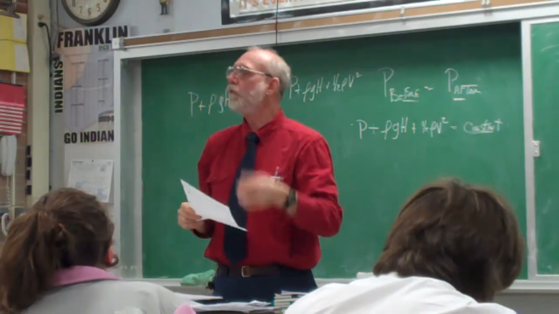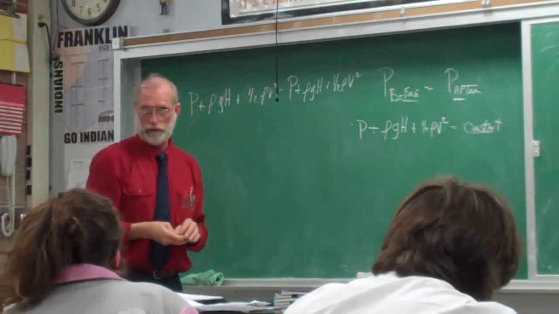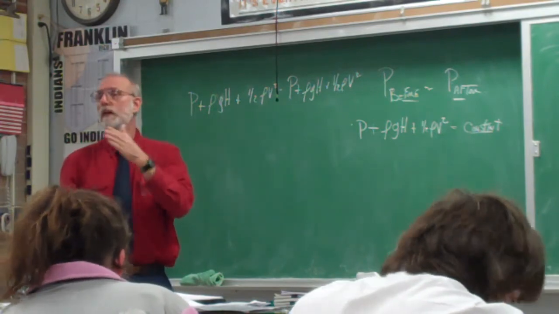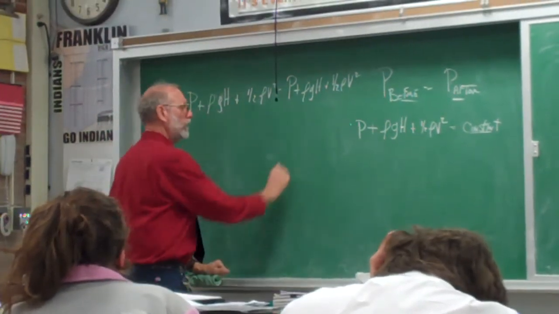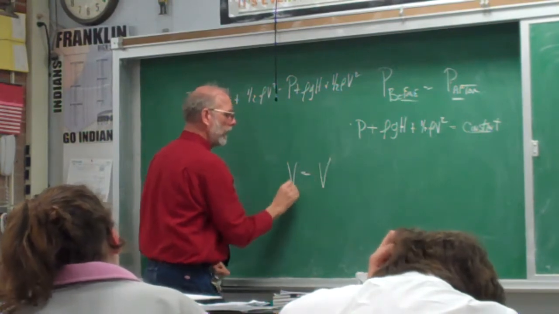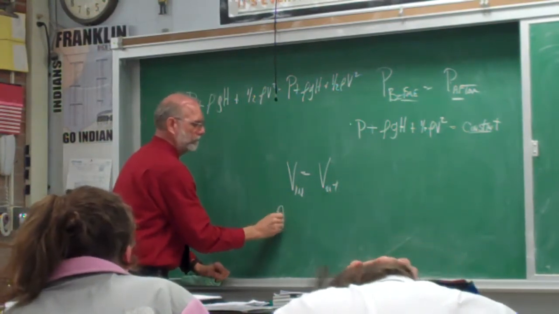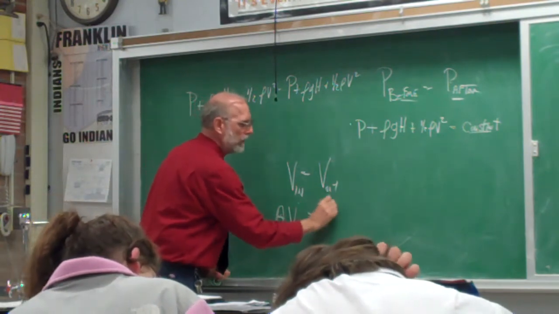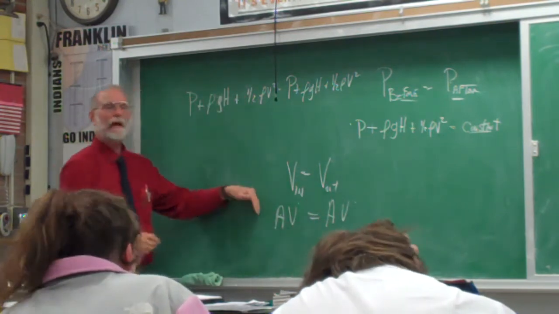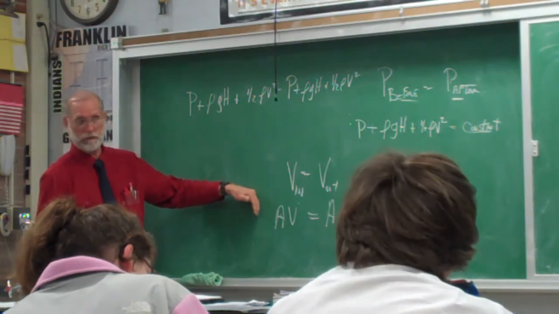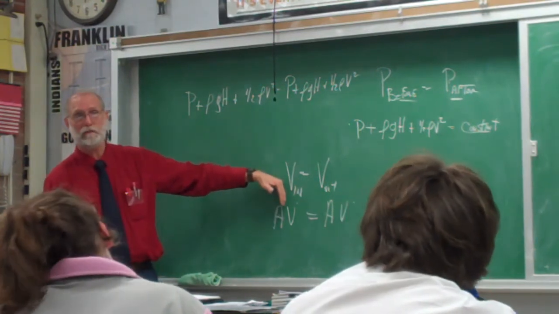Well, we know from the other day, our fluid continuity, that the volume stays the same. Your volume in is equal to your volume out. Your volume for a fluid that's in motion is equal to the area, the cross-sectional area through which it flows, times the velocity.